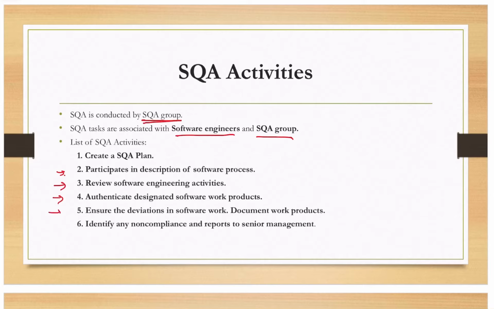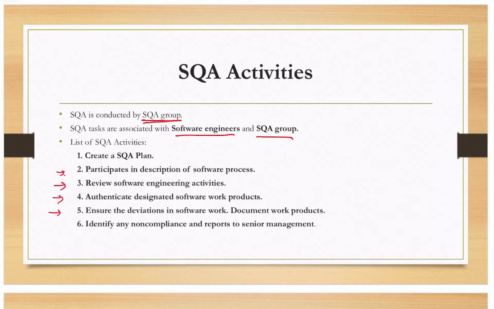The fifth one is ensuring the deviations in software work, that is, all kinds of documented work products are checked in this step. The deviations in software work are identified from the project plan, and these are handled according to documented procedures.